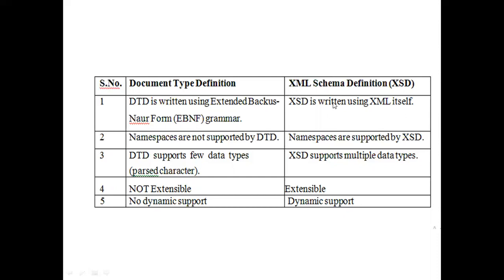But in the case of XML schema definition, it is using XML. And also it can be further extended and it supports dynamism, or we can say at the time of running we can select the XML document. It is nothing but dynamic support.